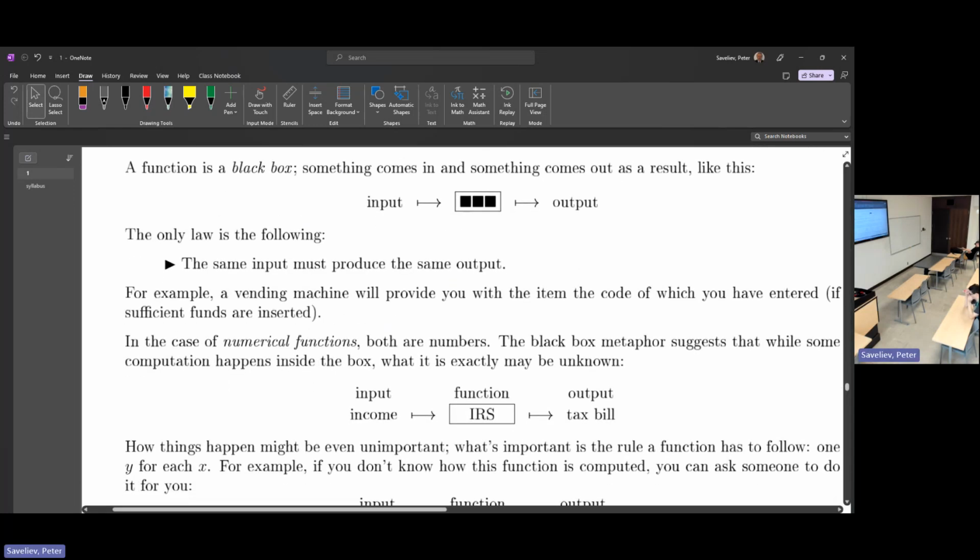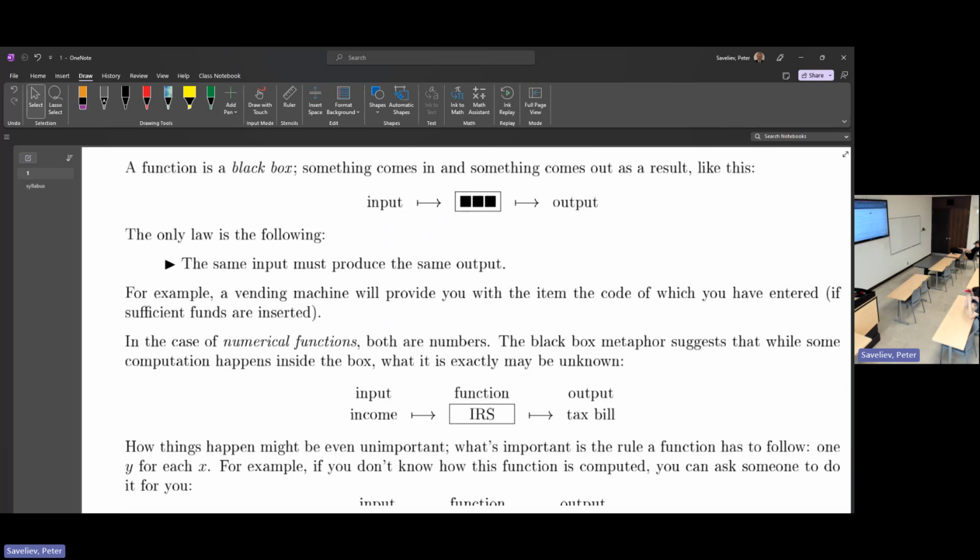So the nature, even if we stick to numerical functions only, of how it's computed could be variable. Is there a formula there? Maybe not. Maybe several. Maybe some in a row. Is there or is there not a formula to produce your tax bill from your income? Maybe there is, maybe not.